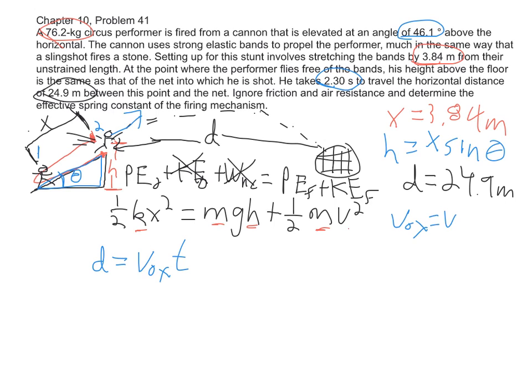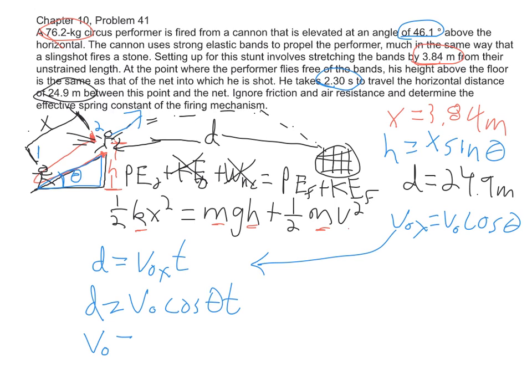V initial x will be V initial multiplied by the cosine of the angle, so we can plug that in over here, and so we have d equals V initial cosine of the angle times time, and so we can solve for V initial and find that it's going to be equal to d divided by t cosine of the angle theta.